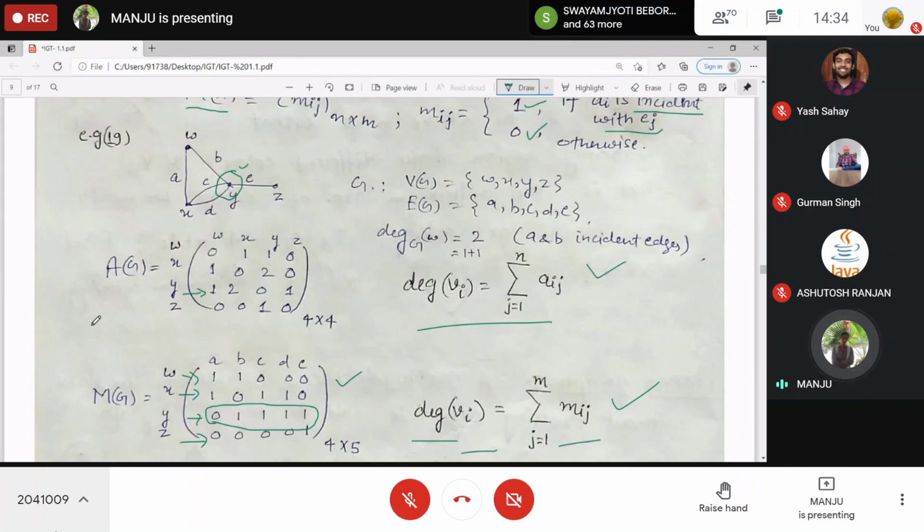Is it symmetric? Is MG symmetric? Tell me. Can you say MG is symmetric?